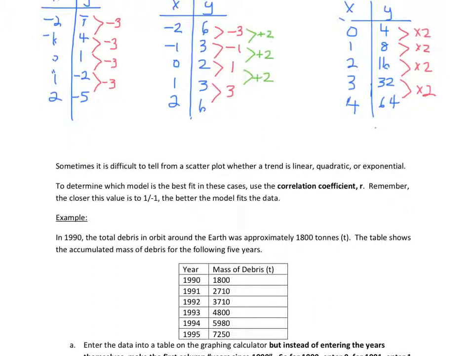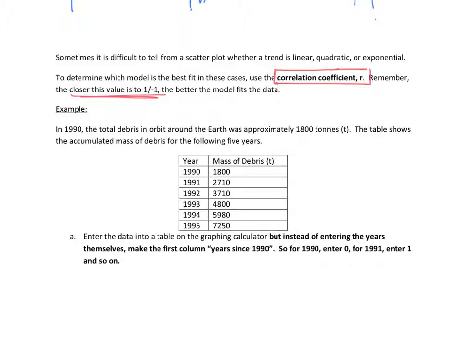But a better way is to use the correlation coefficient, which we've talked about before. So the correlation coefficient tells you how well your model suits your data. So the closer that value is to 1 or -1, the better the fit. So in this next example, we are given a table that tells us the mass of debris in orbit around the Earth for the years between 1990 and 1995.